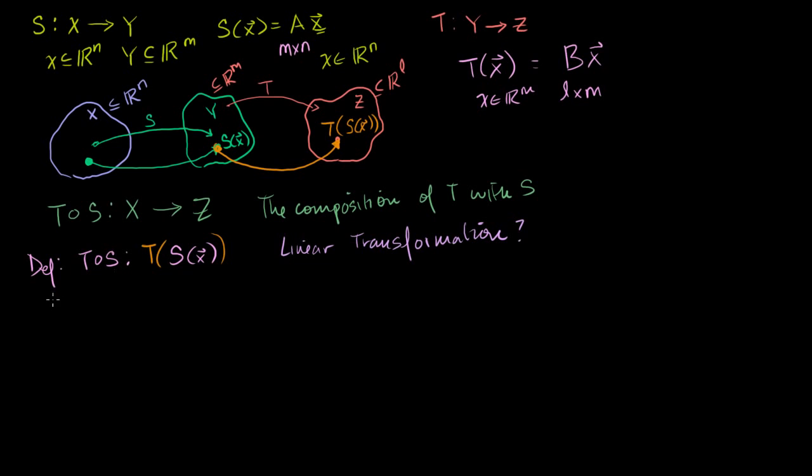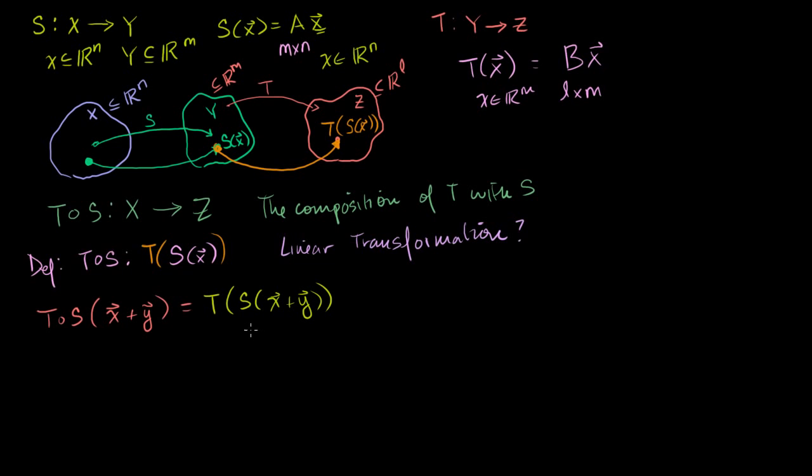So let's just try to take the composition of t with s of, let's say, the sum of two vectors in x. So let's say I'm taking the vectors x and y. Well, by definition, this is equal to applying the linear transformation t to s applied to our two vectors, x plus y.